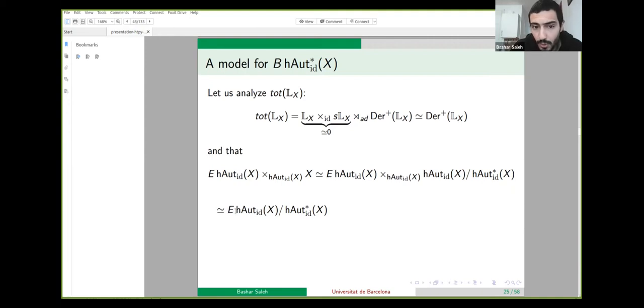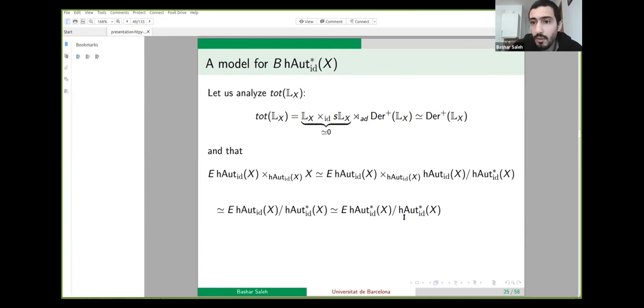this homotopy quotient. And here we have a contractible space on which the identity component of the homotopy automorphisms of X acts freely. This is a submonoid, so it acts freely also on this. So we could just view this as E of the pointed version of this thing.